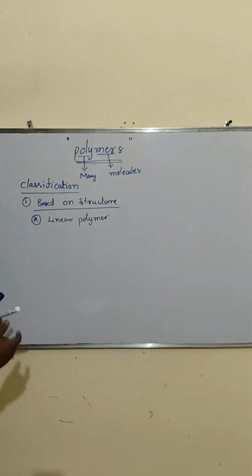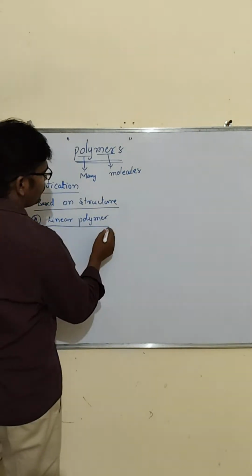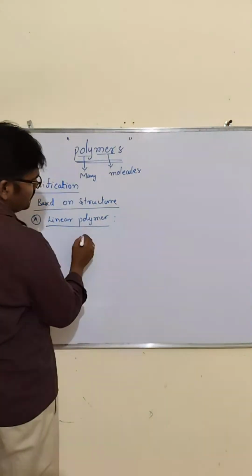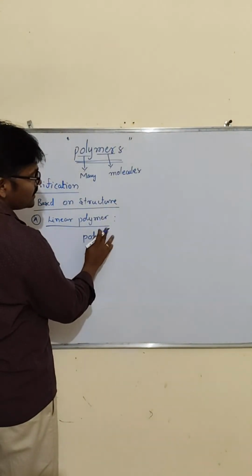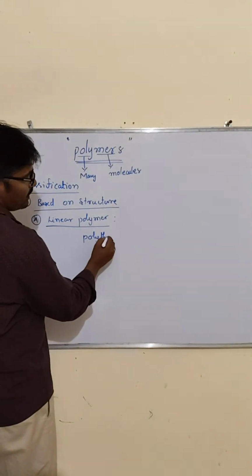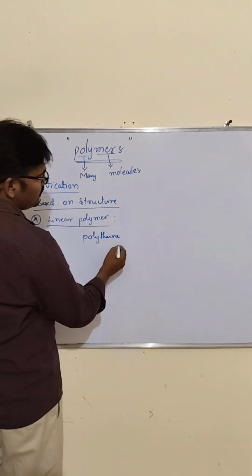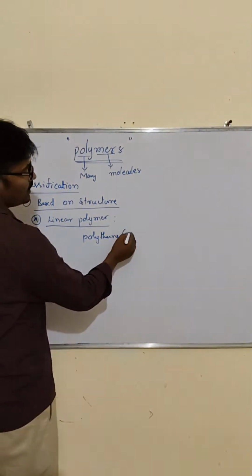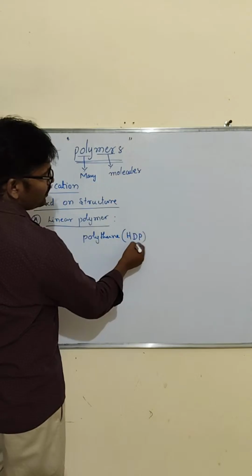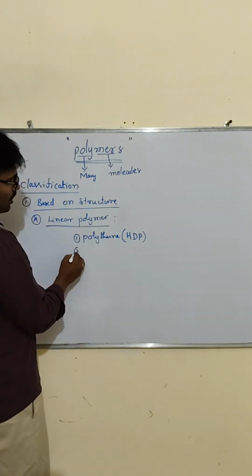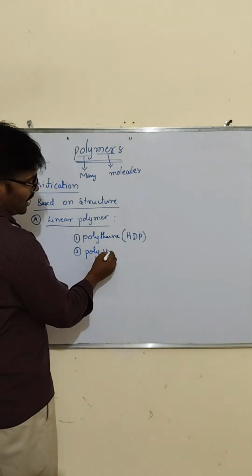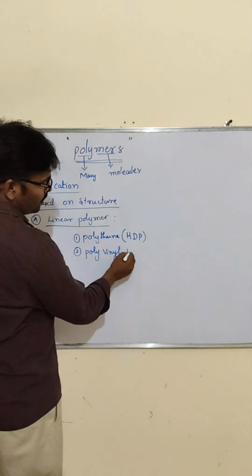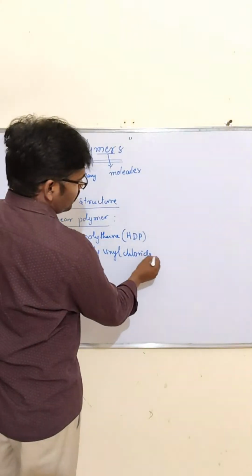polythene, linear polymers such as polythene, that is high density polythene. Then one more, polyvinyl chloride.